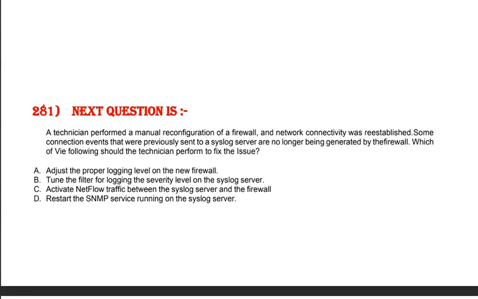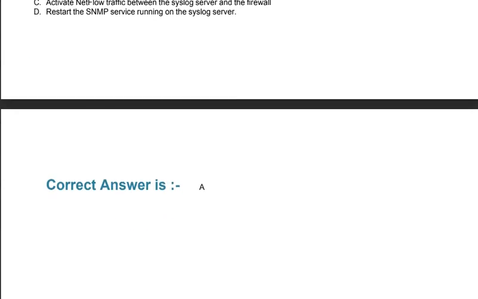Option A, adjust the proper logging level on the new firewall. Option B, tune the filter for logging the severity level on the syslog server. Option C, activate NetFlow traffic between the syslog server and the firewall. Option D, restart the SNMP service running on the syslog server. Correct answer is option A.